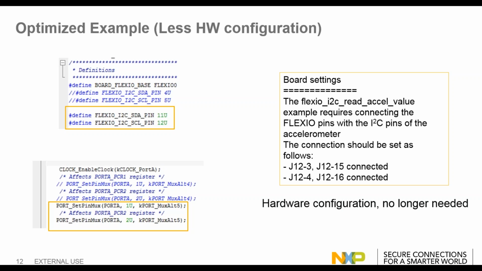And so taking that original demo, but enhancing it in a way, this allows that the hardware configuration is no longer needed. So these connections from J12.3 to J12.15 and J12.4 to J12.16 are no longer needed because we were able to utilize the multiplexing available on the K82F chip itself and update the firmware with just 4 new lines of code by changing the defines to use the right FlexIO pins and updating the pin multiplexing.